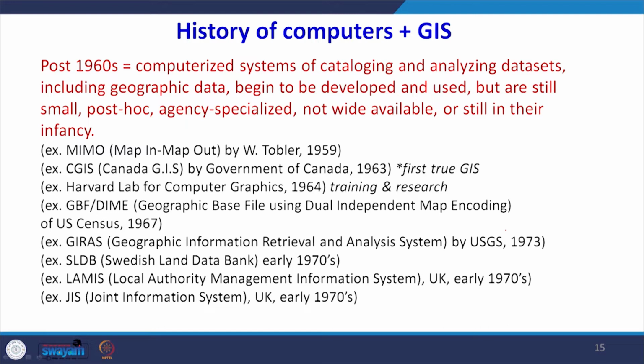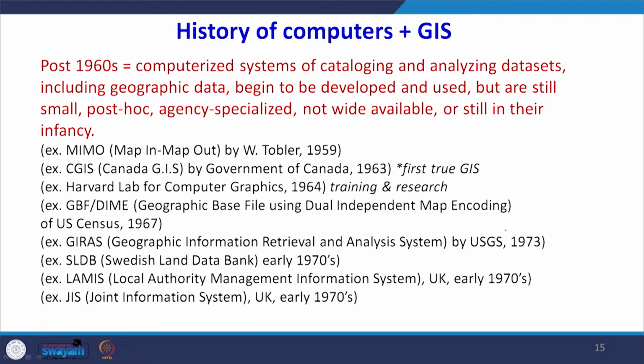So cataloging was done, and also how to analyze the data, including the geographical data which is connected to the location data. Then they were used later on for agency specialized purposes, and they were not widely available later on.